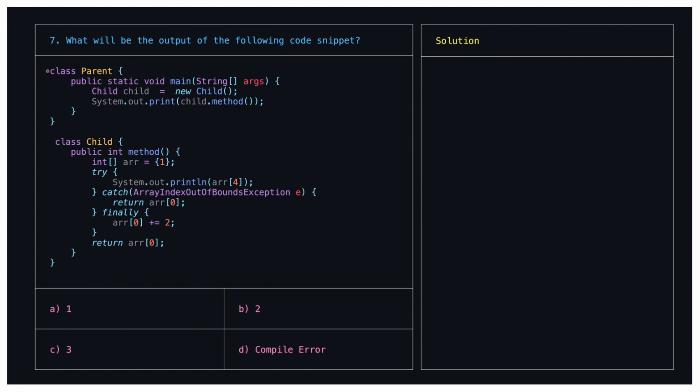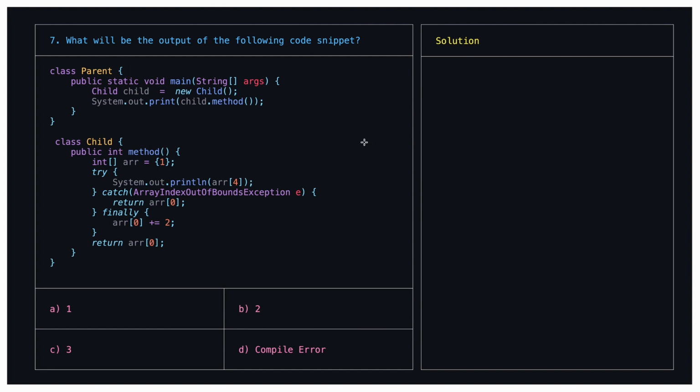Okay, so now we have two classes. The first class is a parent class and the second class is a child class, right? Okay, so there is no parent-child relationship between the classes. Their names are just parent and child, right? So parent has this main function, which is creating the object of this child class, and with the help of the object of the child class, it is calling this method. Very simple.